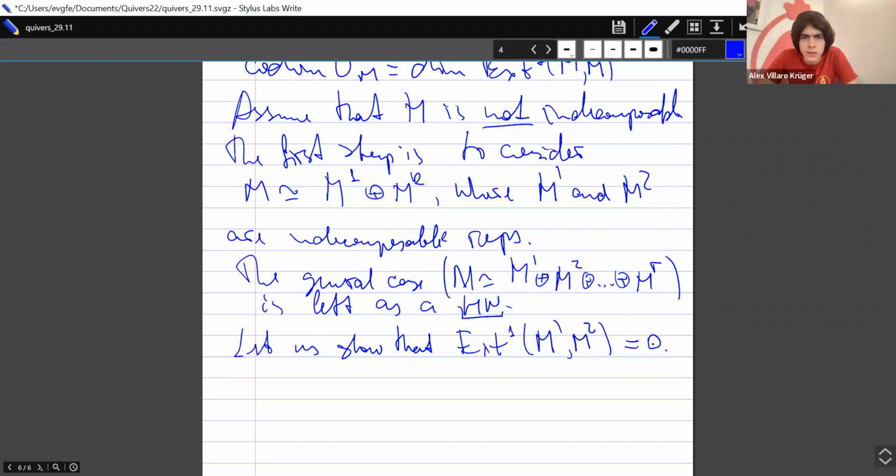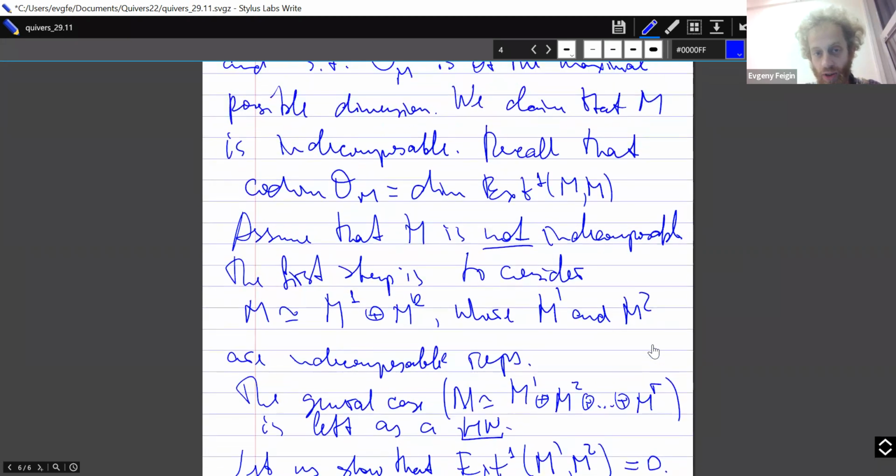We argued that Ext^1 of M to M was 0, right? Yes. So M is M1 direct sum with M2. When we write it out, we get that Ext^1(M, M) is the same as... But we've shown that Ext^1(M, M) is 0 for indecomposable M, right? But what is our logic?